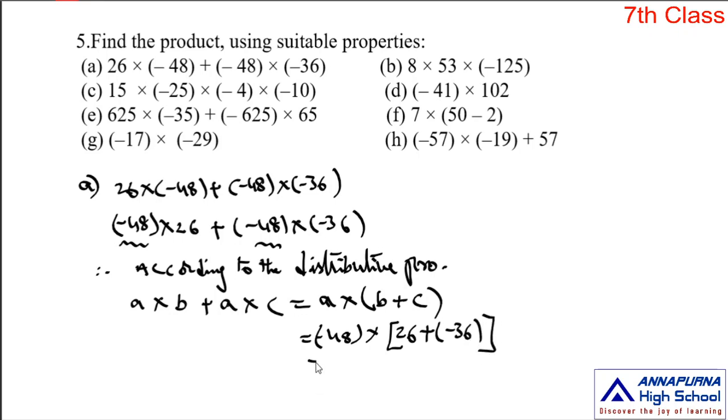So that is equal to minus 48 into, addition of two integers of different signs, minus 36 plus 26, which is equal to minus 10.